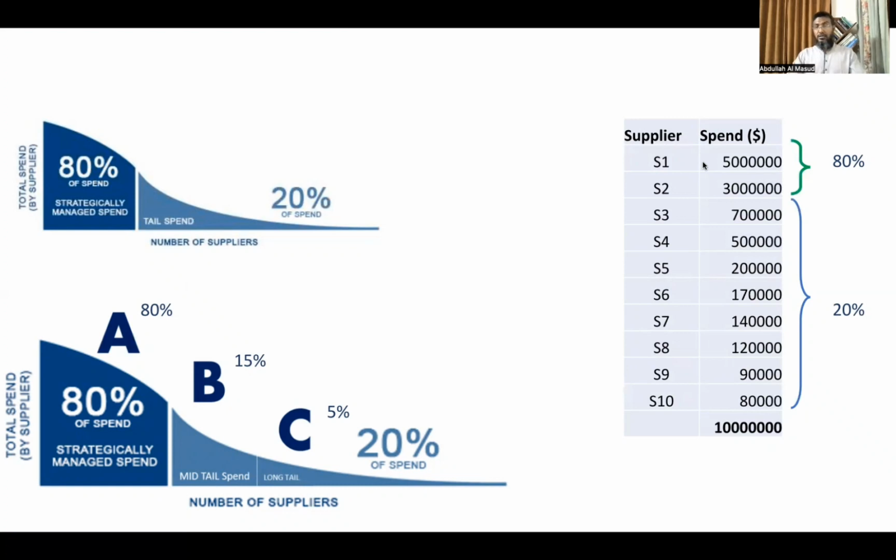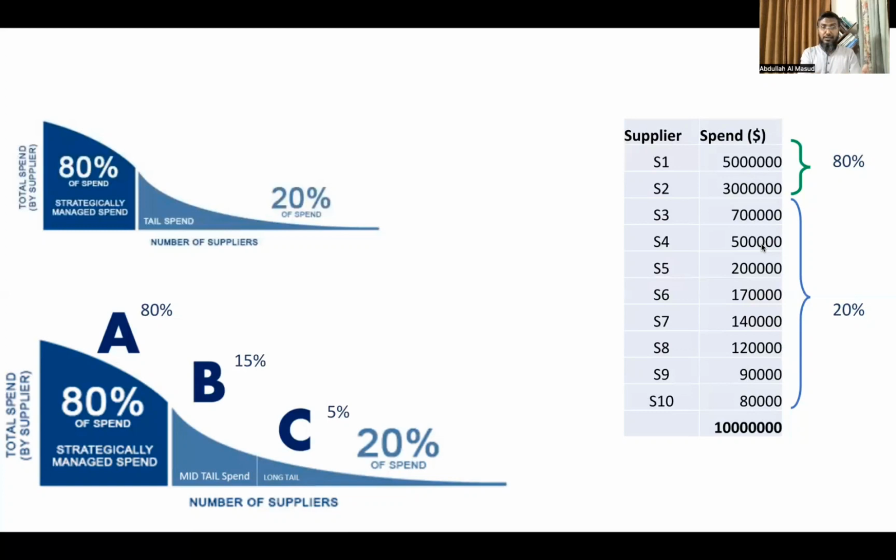In the 80-20 rule, it will generally be found that 20% of the suppliers, that means two suppliers, are accountable for 80% of the spend, which is $8 million. On the other hand, the remaining 8 suppliers are accountable for 20% of the spend, that is $2 million. So this is how the total accumulation is.